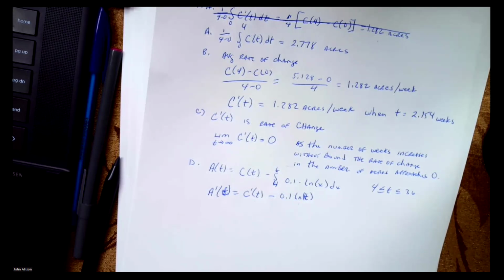So we're going to go back to our calculator. I already have C prime of t in my y equals. So instead of the 1.282 again, I'm going to go to 0.1 ln x.